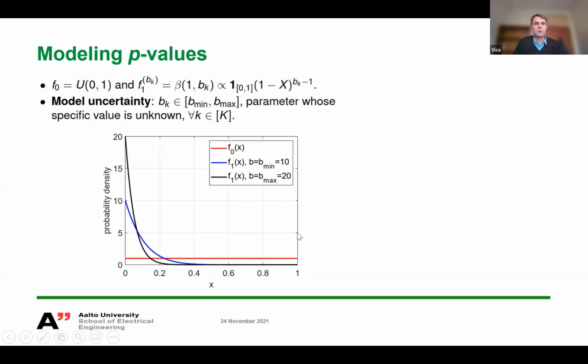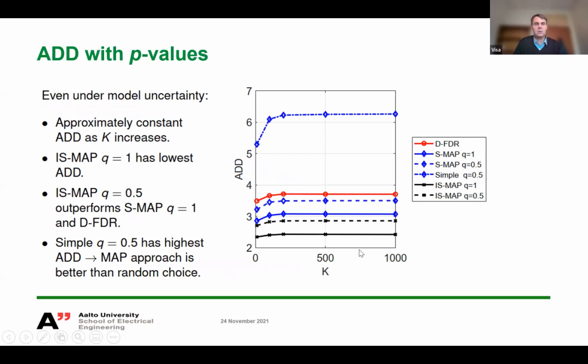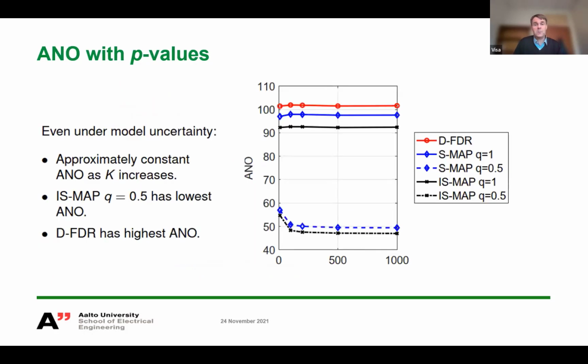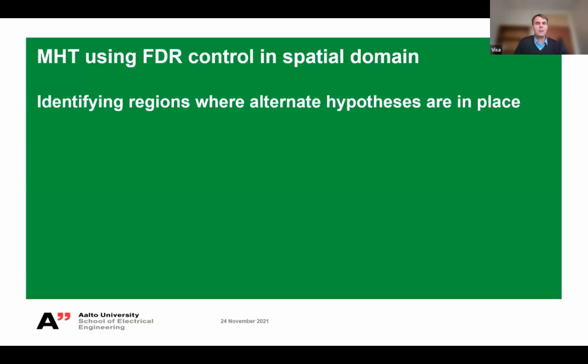So you could use those to come up with a similar recursive formula for updating this. And then you can study this ADD and come up with very similar results to what we usually saw with the likelihood ratios.